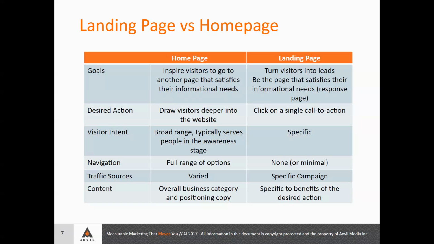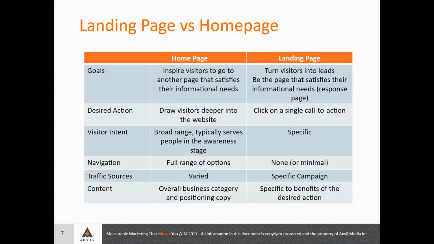There's always a menu bar of different places that they can navigate to. On a landing page, you typically have 0 navigation or minimal, maybe 1 or 2 places that they can click, but typically you don't want people to click away from the page when they're on a landing page. And there's different traffic sources.